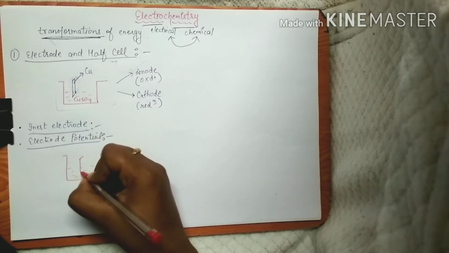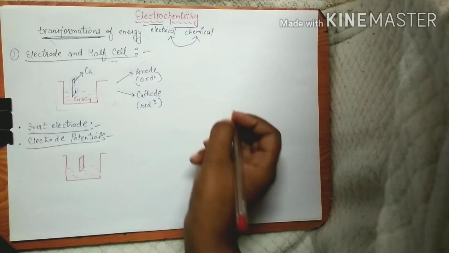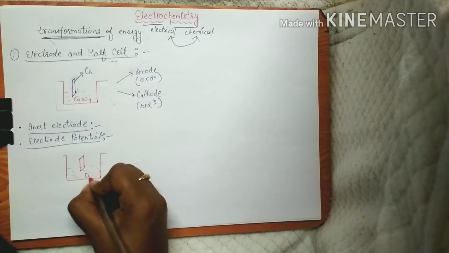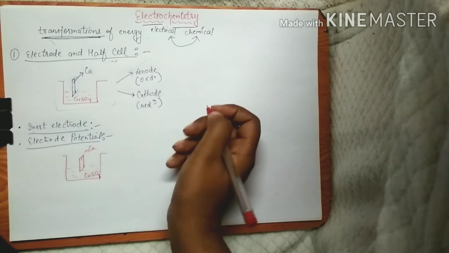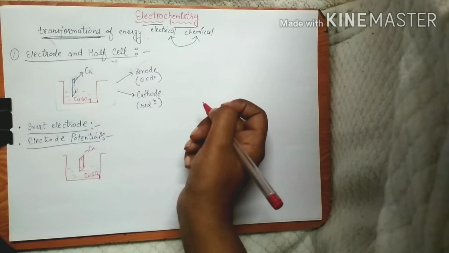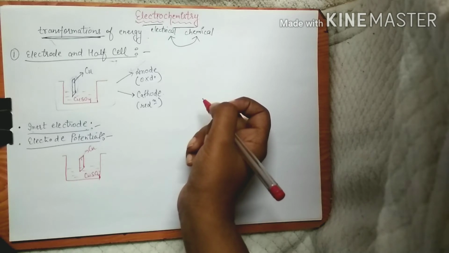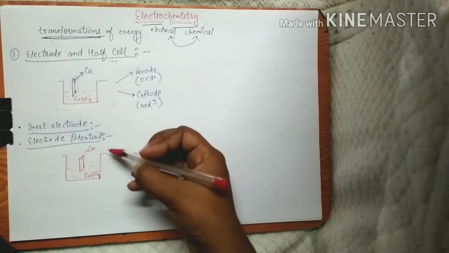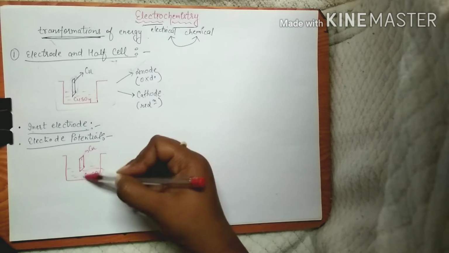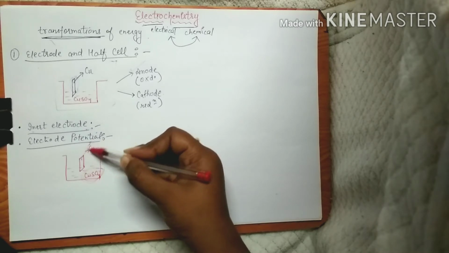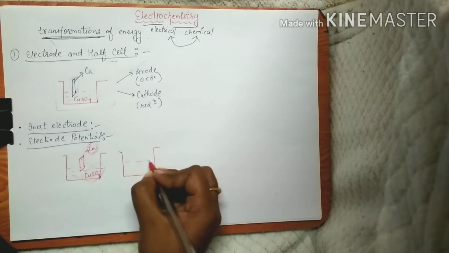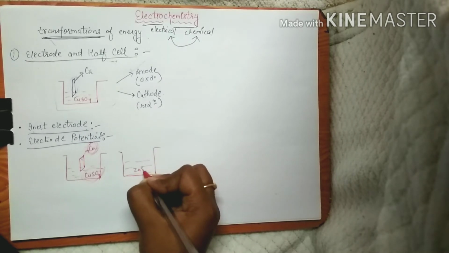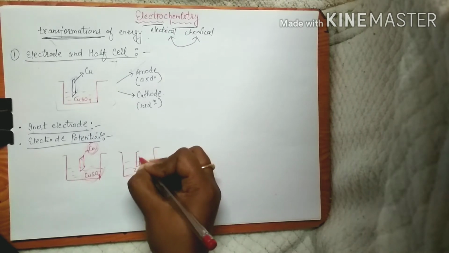If I am dipping a metal plate in it, suppose again the solution is of copper sulfate and I have taken this rod to be copper. So if a metal plate is dipped in the solution of its own ions, suppose this is a copper sulfate solution and we have taken a copper electrode. Also we can have zinc sulfate solution having a zinc electrode.